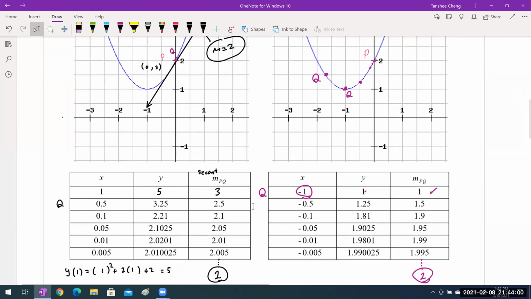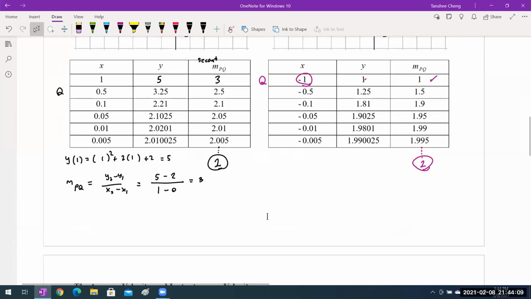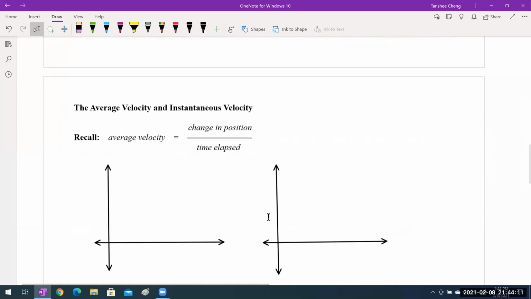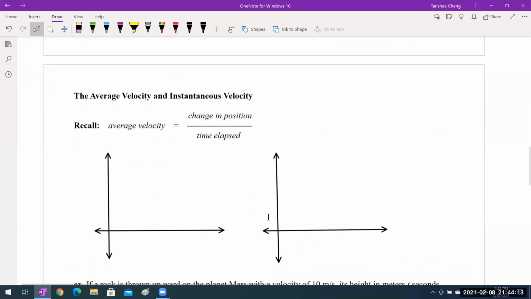So here's the idea of how to find the slope of the tangent. And this is going to lead us to talk about certain things that we are very interested in for a lot of application problems.